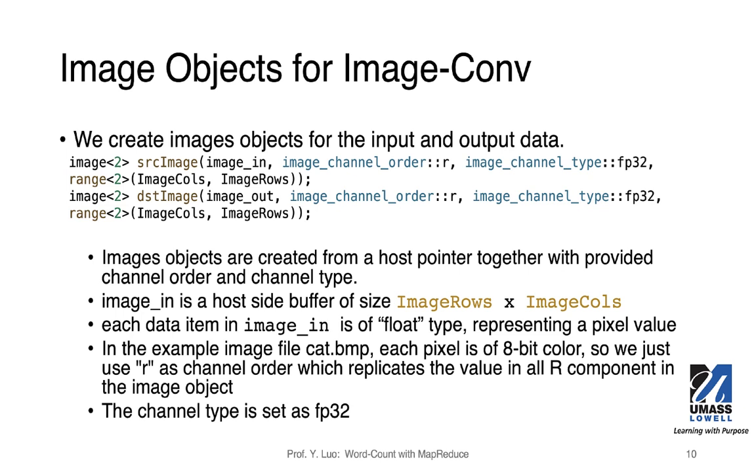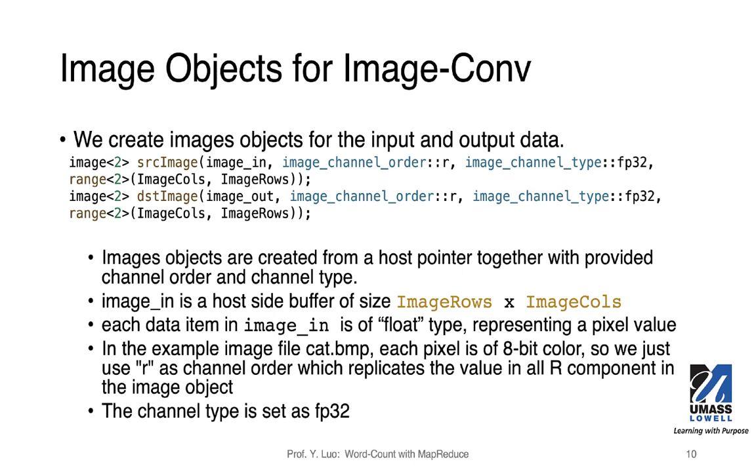In the example, we provide a cat.bmp image. Each pixel is an 8-bit color, so we just use R as the channel order because it's a gray color image.